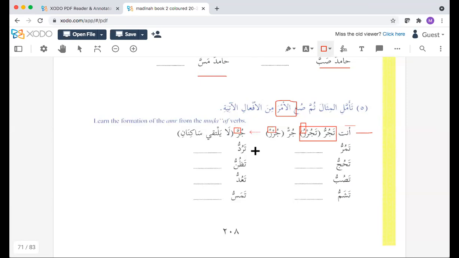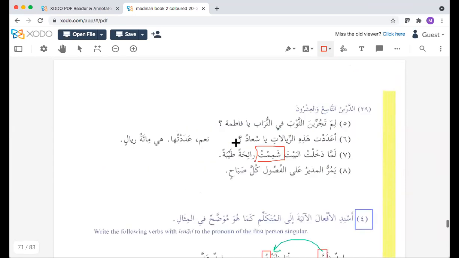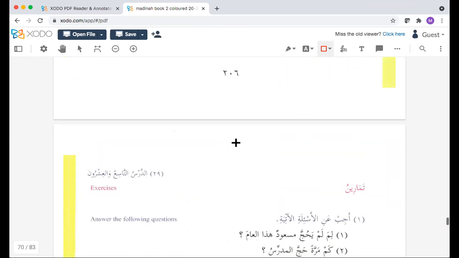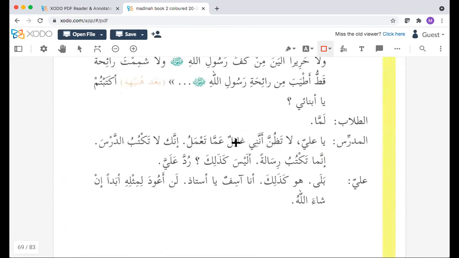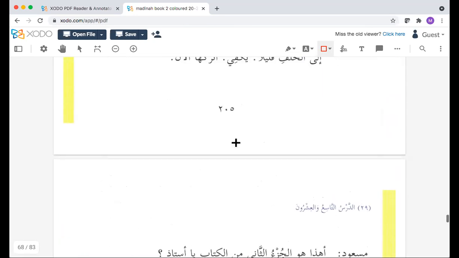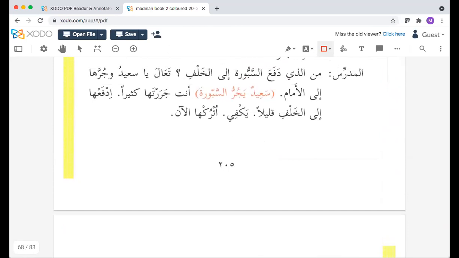So you say jurra, drag; jurrahu, drag it forward. I think that in the text, in the conversation, the teacher asked for some help to move the whiteboard, the sabura.